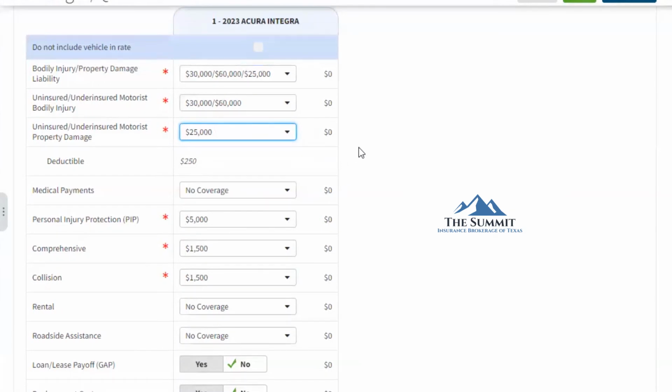So be careful when an agent says, "Hey, I have a full coverage policy here for you." You want to really dive into the liability limits. This is the most important part of the policy, even more so than deductibles. This is the big money that's involved in an accident, the money that can make or break someone's life.